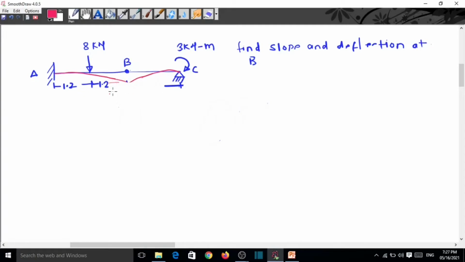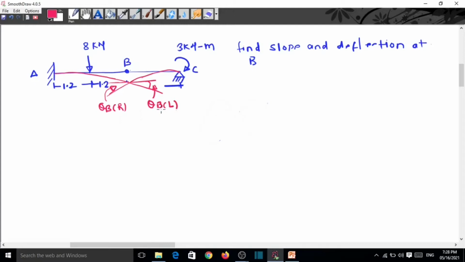Now tangent. So this angle we call theta B right, and if we draw the tangent here, this is the angle, so this theta is called theta B left.